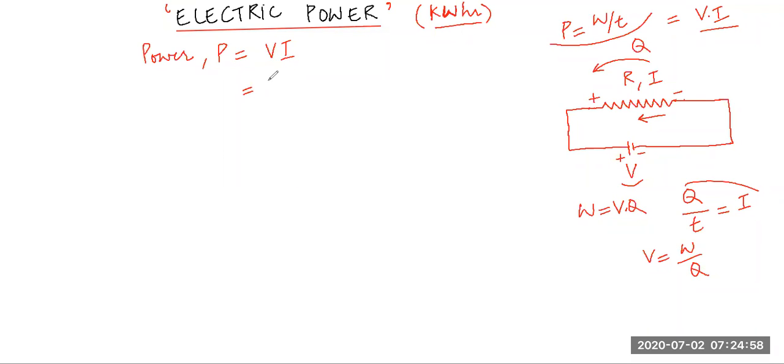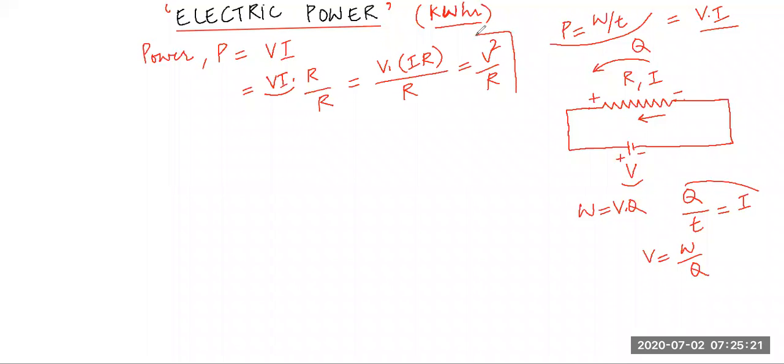And there's another expression for the power. Let's say I multiply the right side by R and I divide by R. So I get V into IR divided by R. This is equal to VI, but IR is V, so this is equal to V squared by R. I have one more expression for power.